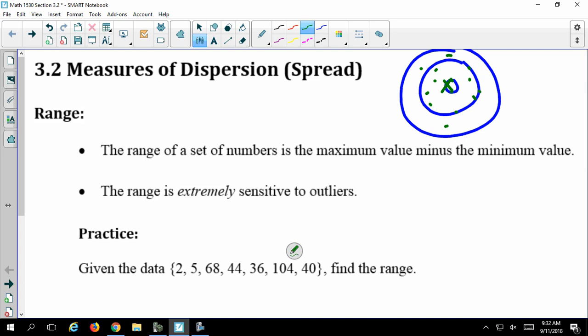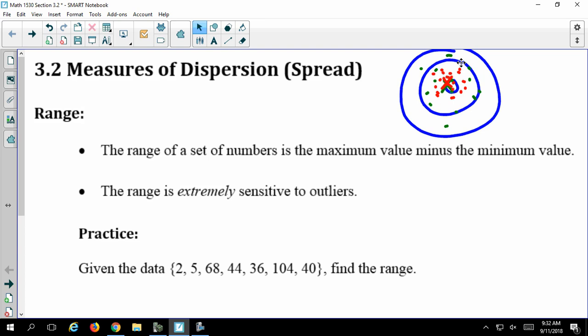And the second person fires at the target, and this would be their spread. And if we measured their center, maybe it would be in exactly the same place. So in theory they would have the same average, the same middle or same median. But one data set is more spread out than the other.